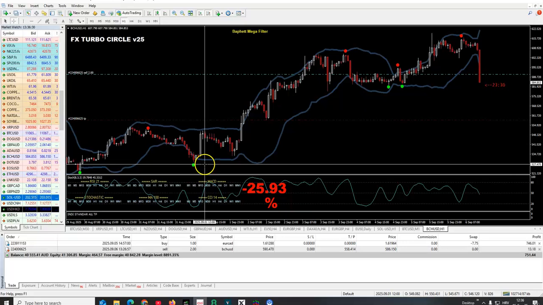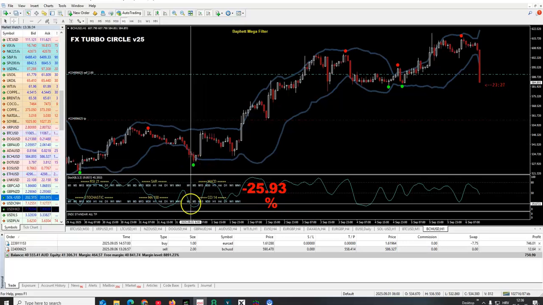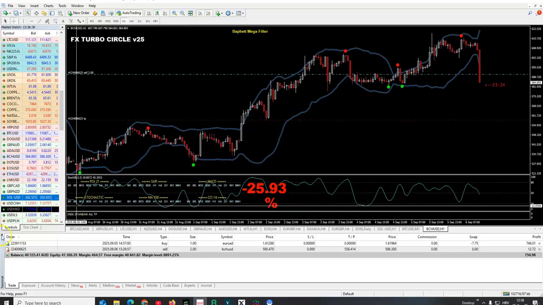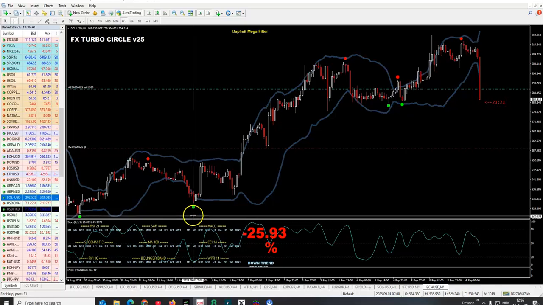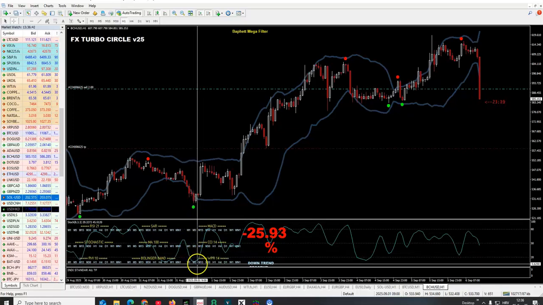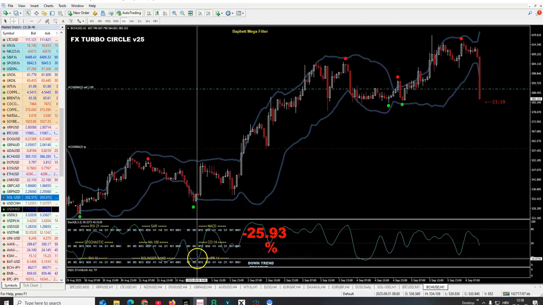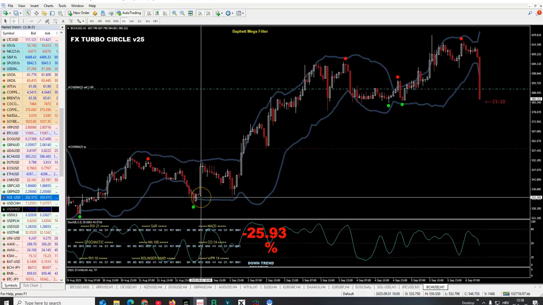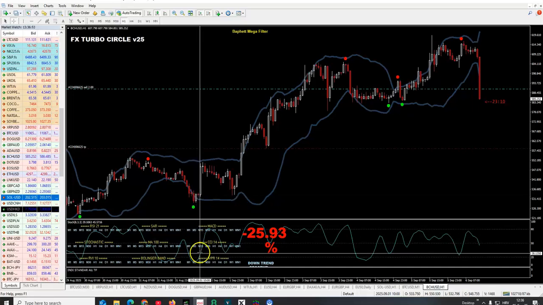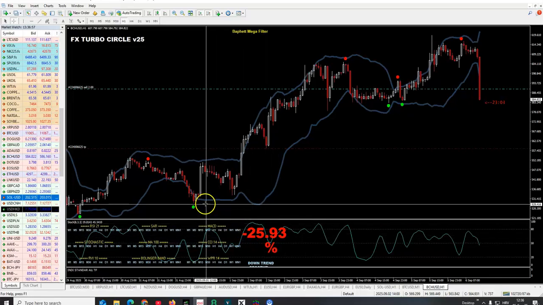So in this case here you will not take a trade. You will not enter a trade here because it is still under the 20. We need a cross, so you will wait until here when it is crossing, and this should be green at least 50%.